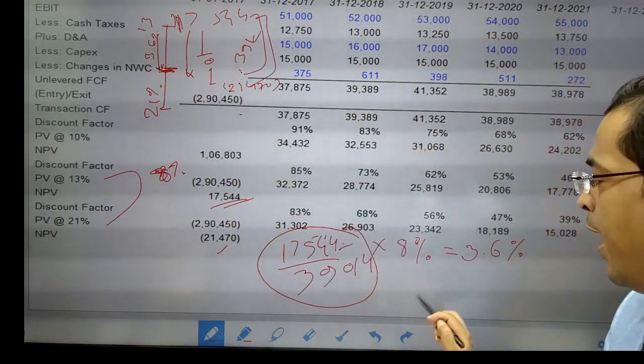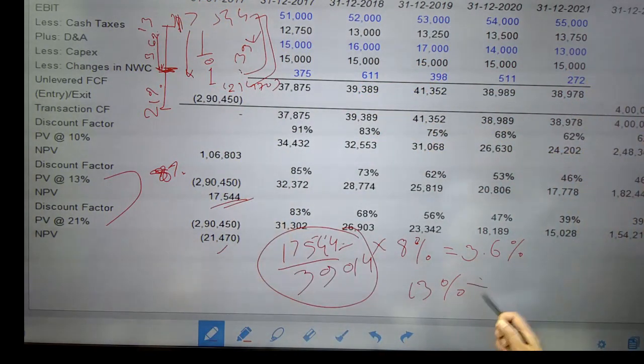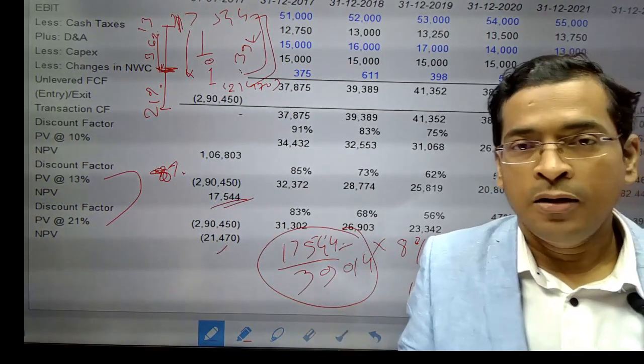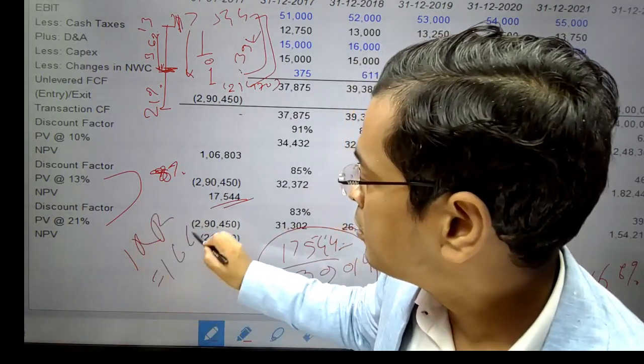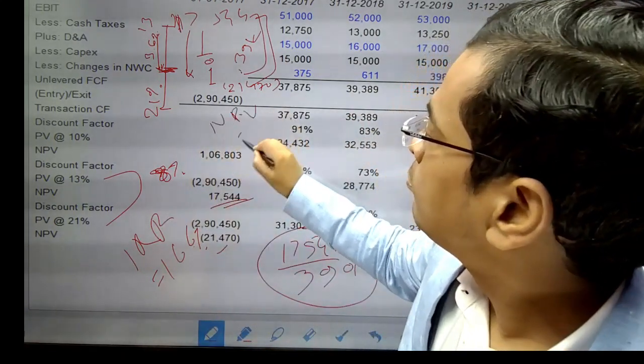That means we had 13% at which the NPV was positive, but if we increase it by 3.6%, which is 16.6%, the entire NPV will become 0. And that's the IRR. So IRR in this case is 16.6%. And at that IRR, you'll find the NPV becoming 0.